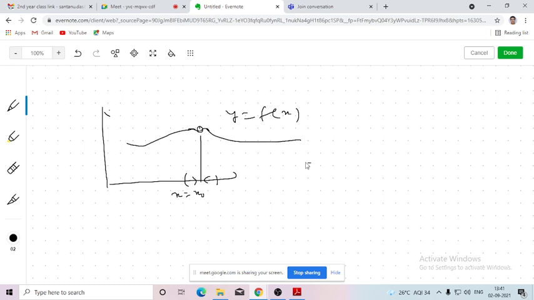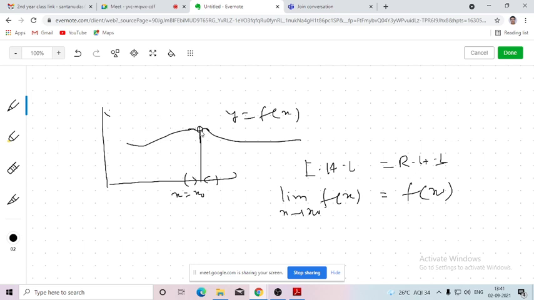Now if the left hand limit and right hand limit exist and are equal, that means the limit as x tends to x0 of f(x) exists, and if this equals the functional value at the given point, then we say that the function is continuous. That means this is approximating towards this.